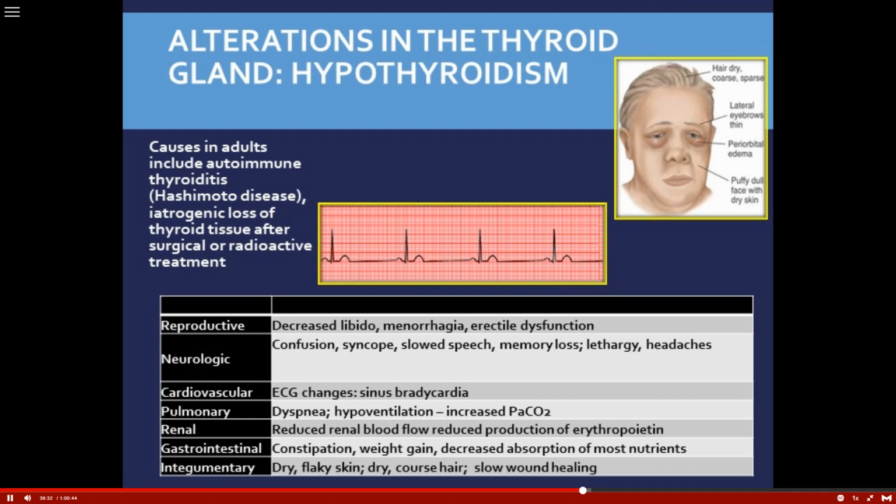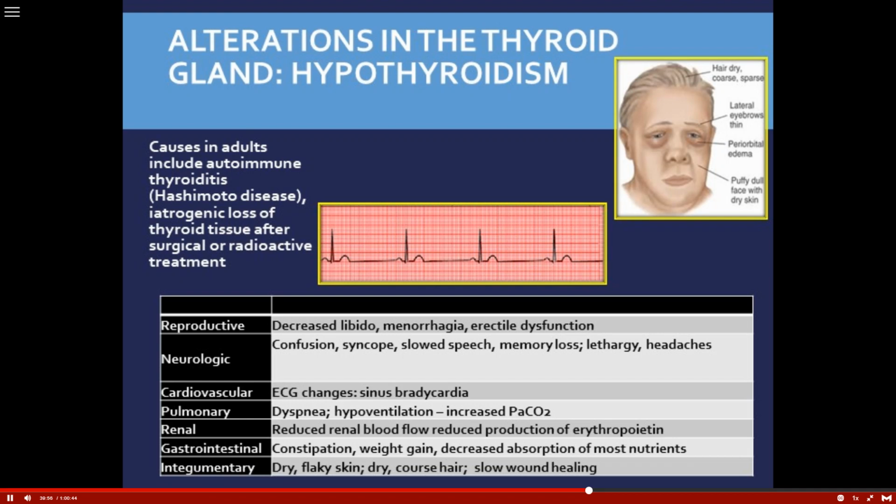The other thing is it's very important for ventilation, pulmonary. So they're going to complain of dyspnea, shortness of breath. And in severe cases, ventilatory problems. So they're going to have an increase in PaCO2, increase in that carbon dioxide, because the body's not able to breathe and get rid of it.